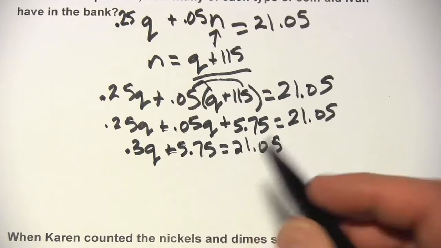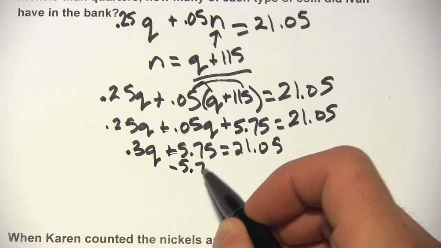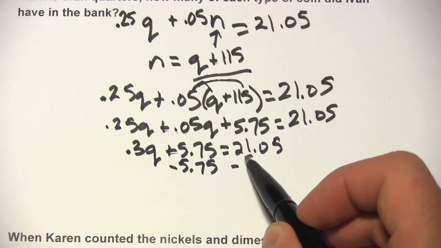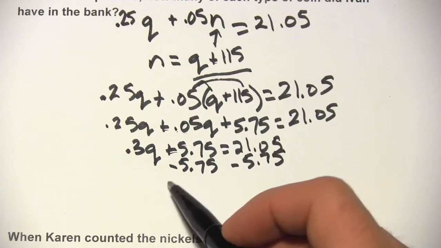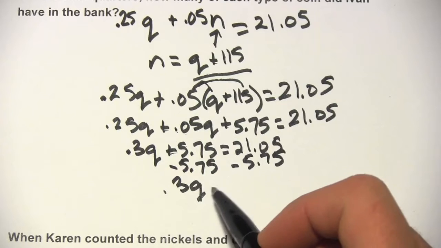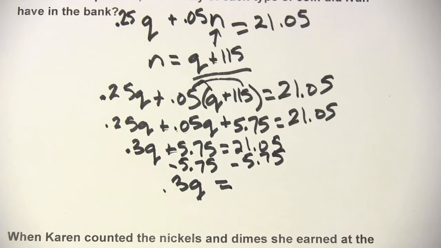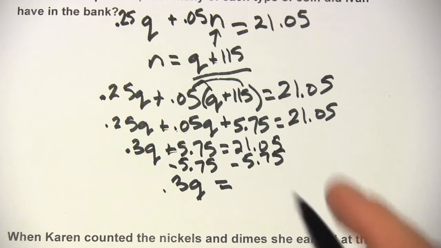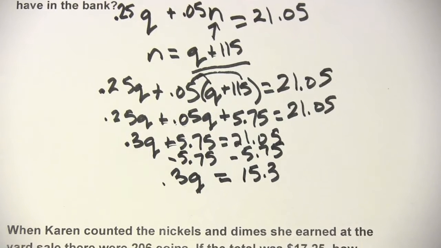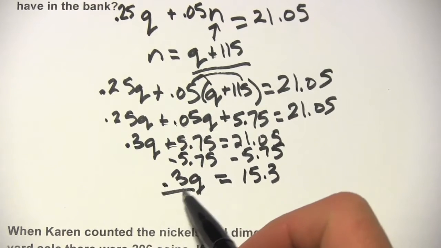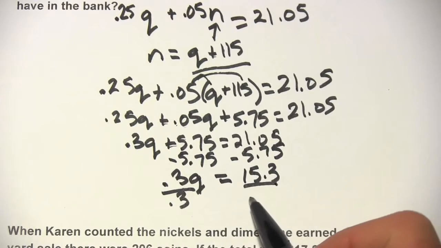We want to get the q term alone, so let's subtract 5.75 from both sides. And we're going to get 0.3q equals, that's 15.3. And finally, to solve for q, we're going to divide by 0.3.